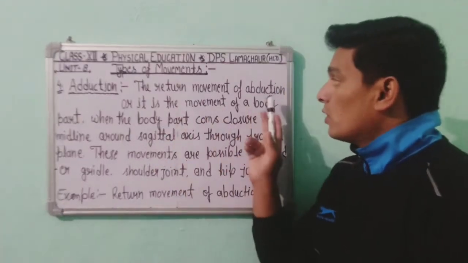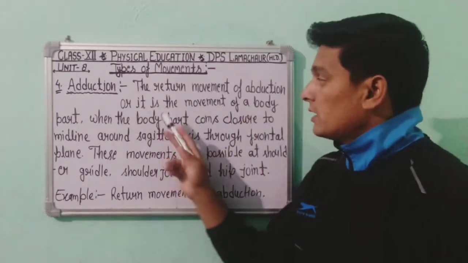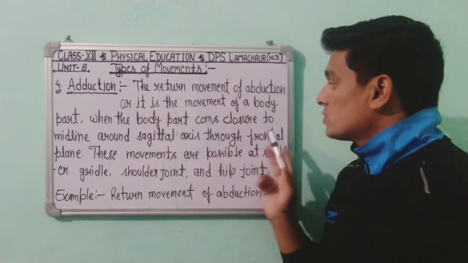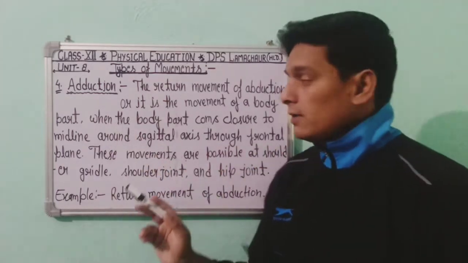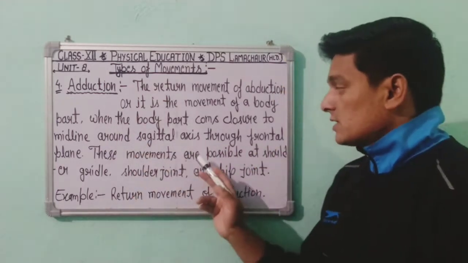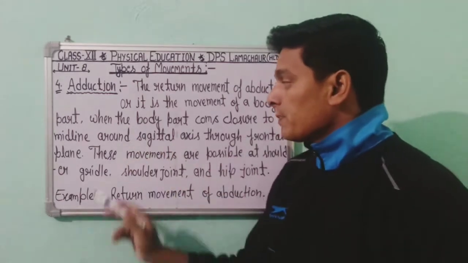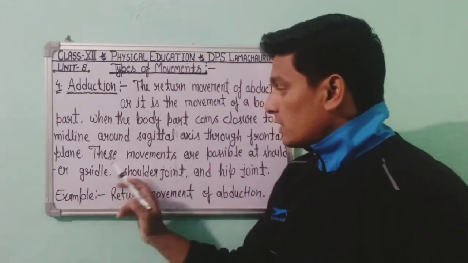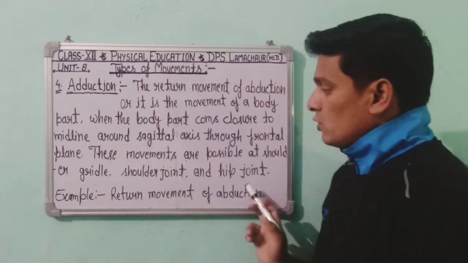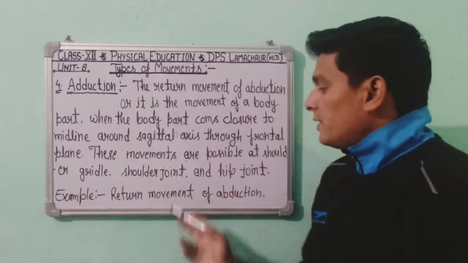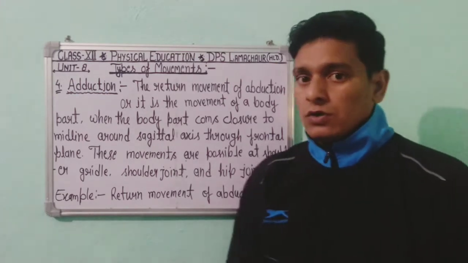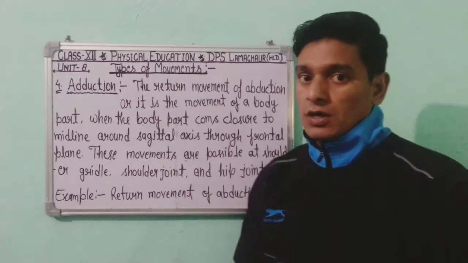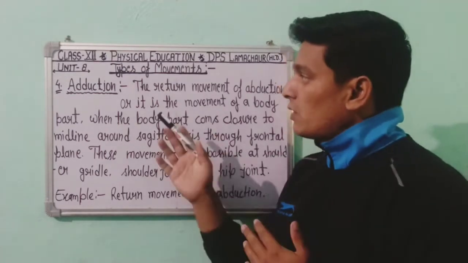These movements are possible at the shoulder girdle, shoulder joint and hip joint. For example, the return movement of abduction, just the opposite of abduction. So this is about adduction.